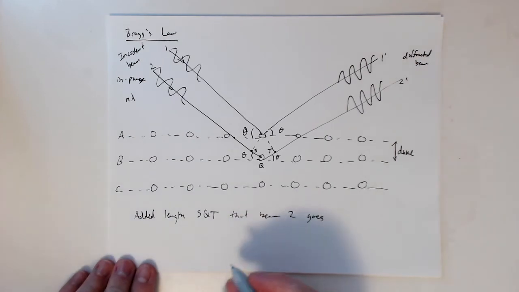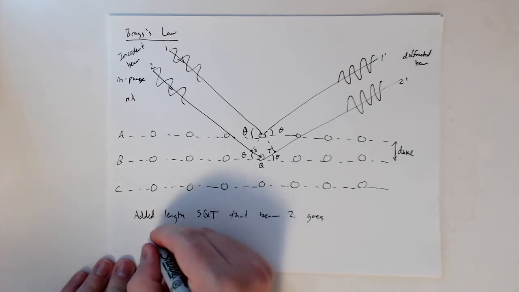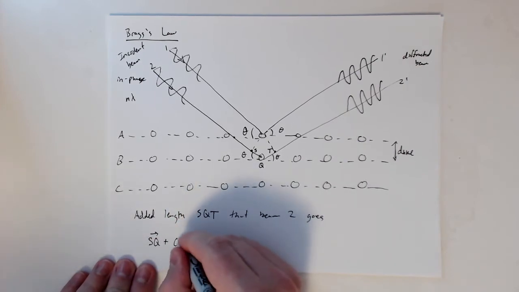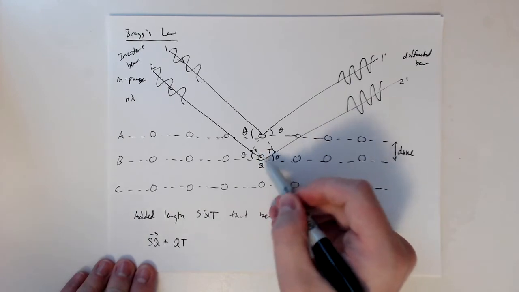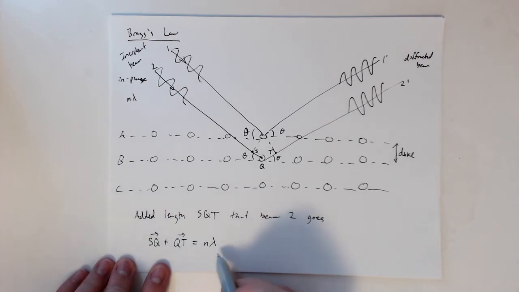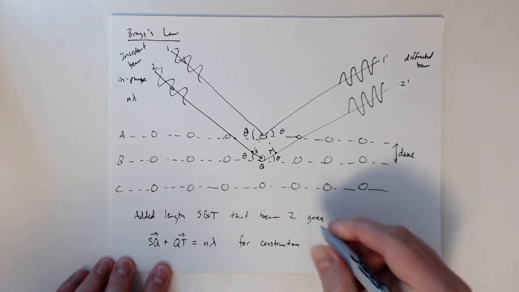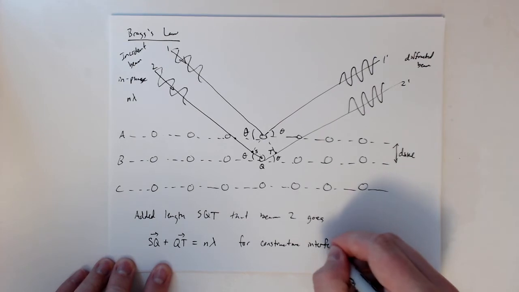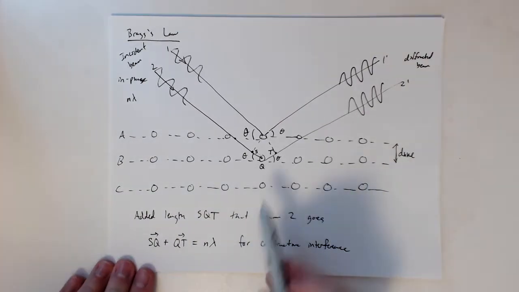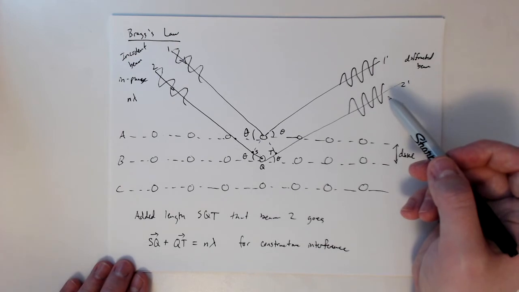To write that out, the vector SQ plus the vector QT, so basically these two lengths, would have to be equal to n lambda for constructive interference. That's just a condition. The extra distance has to be equal to some multiple of the wavelength if they're going to still be in phase.